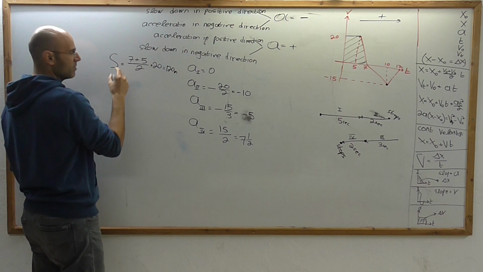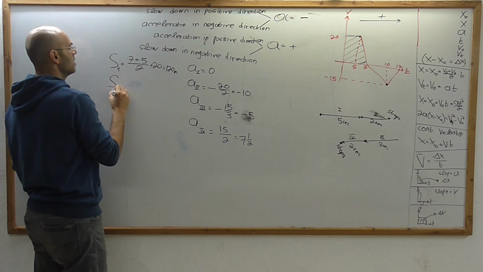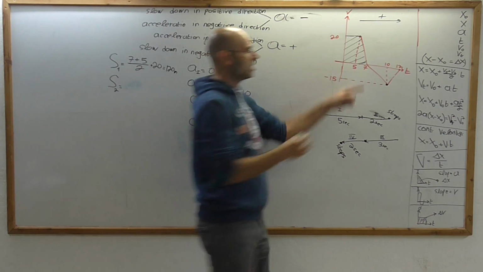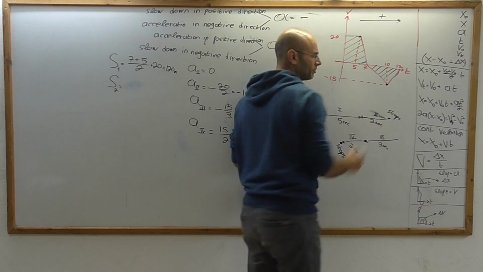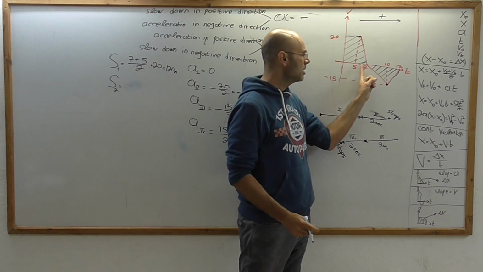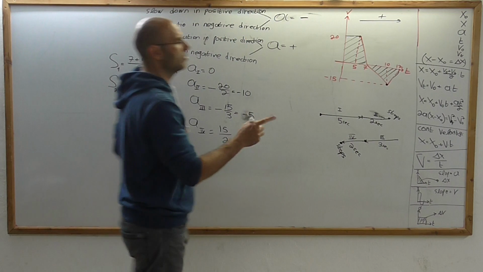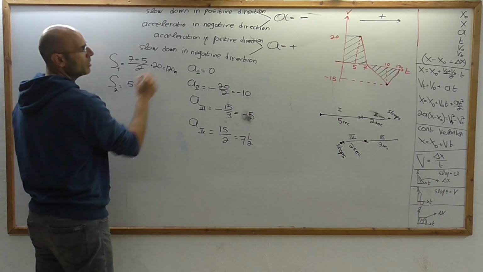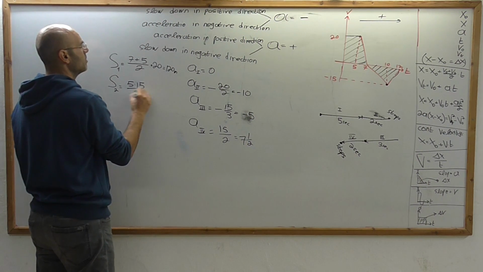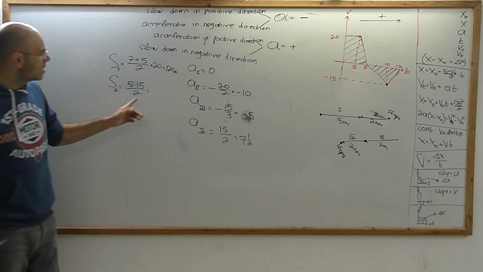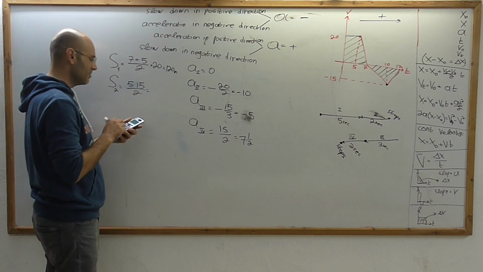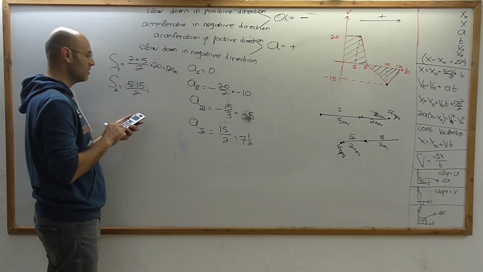And this is the positive area. The negative area, it's a triangle. I can calculate it with one calculation. 7 to 12, it's 5. Multiplied by the height, it's 15. Divided by 2. Okay, 5 multiplied by 15 divided by 2.